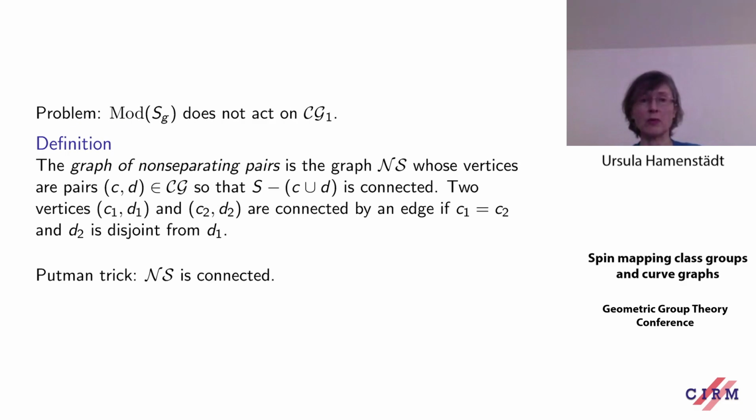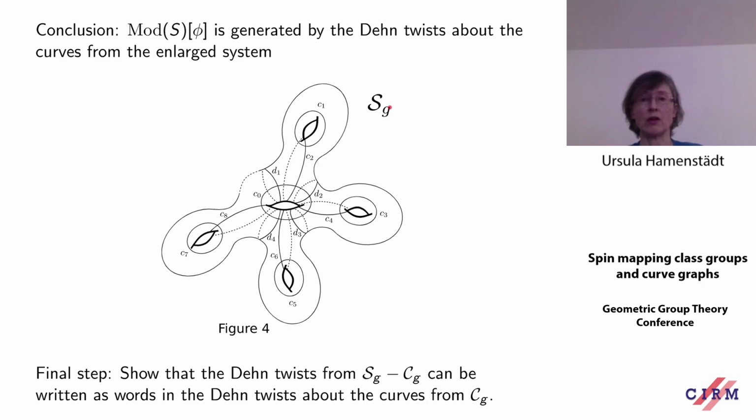Let me go slightly back and look at this system of curves. This is an admissible curve system. The curve diagram is a tree, and it looks as follows.